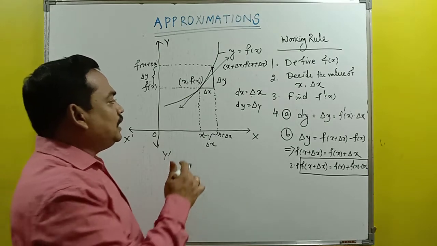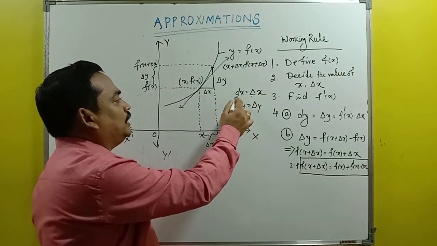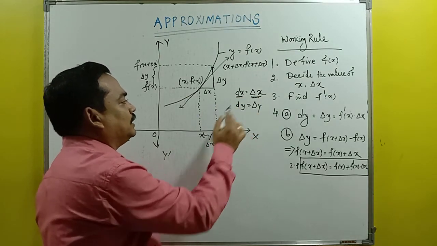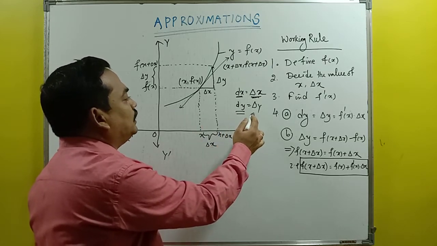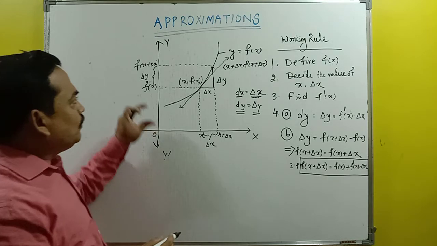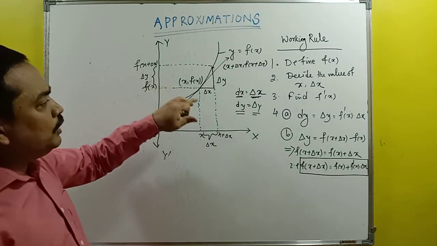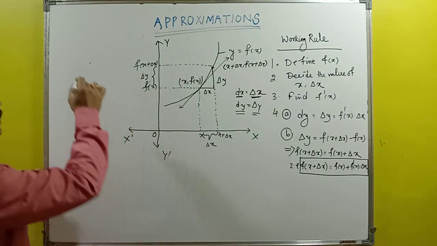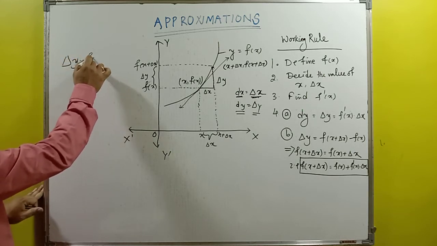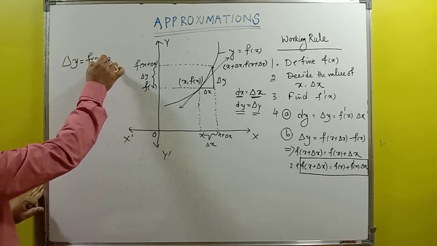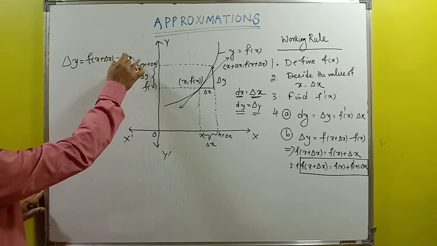The differential of x is dx, that is nothing but del x. The differential of y, dy, is del y. This del y is equal to f of x plus del x minus f of x.